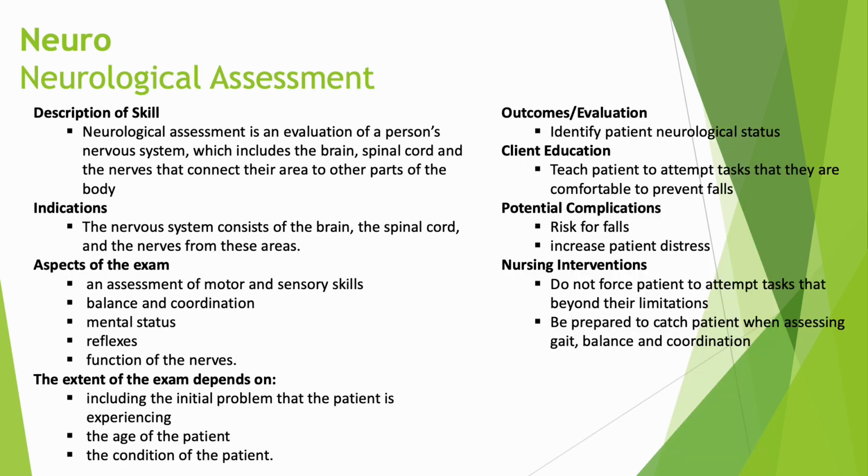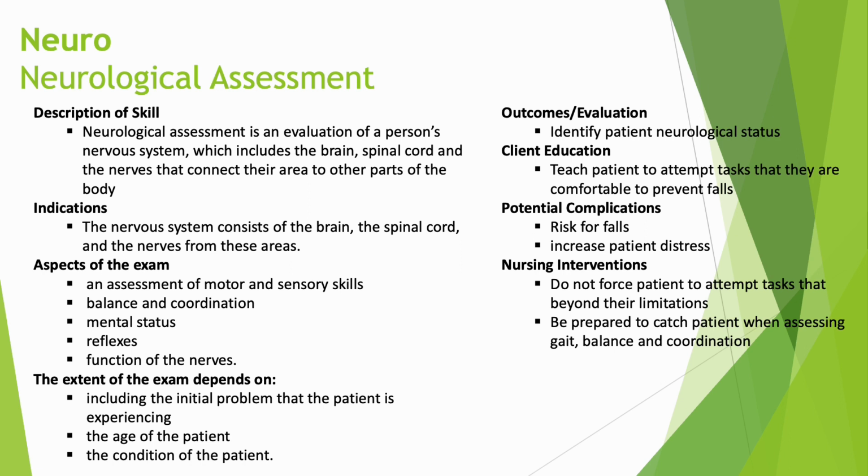All right, neurological assessment. Okay, good. This is a good slide. I don't really know. Maybe we're going to ask, how do we identify the neurological status of a patient?